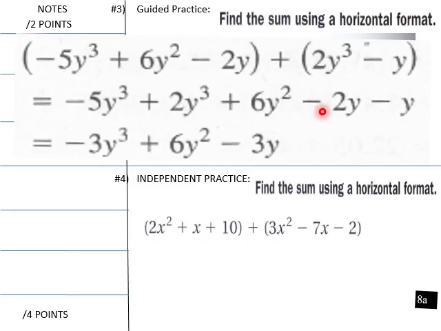And then we just combine like terms. We have a 2y cubed, we move that over here. So we group like terms together, so it's easier to combine them. Negative 5y cubed and 2y cubed is negative 3y cubed, plus 6y squared, minus 3y. Negative 2y, negative y. So this will be your final sum here.